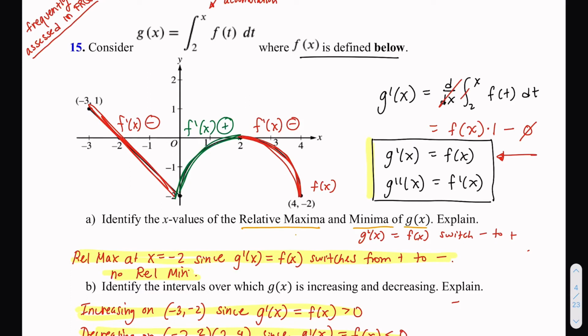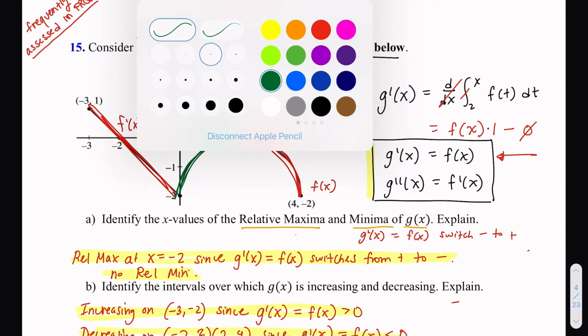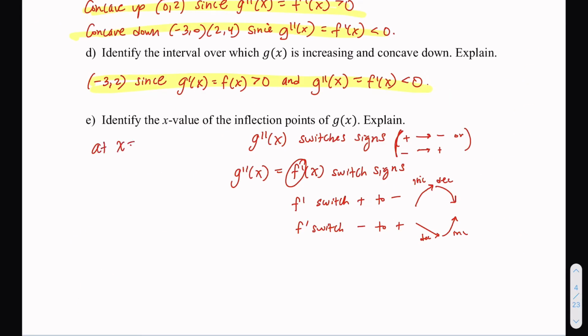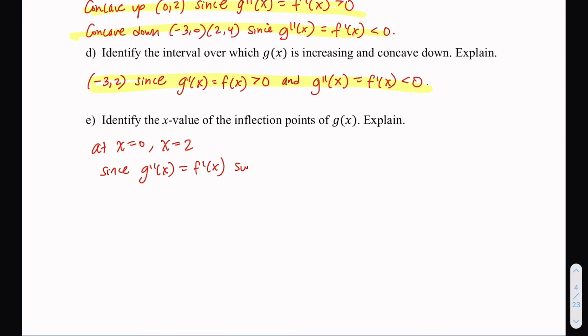So the question was, where does f prime switch signs? Our answers are at x equals 0 and at x equals 2, since g double prime of x, which is f prime of x, switches signs.